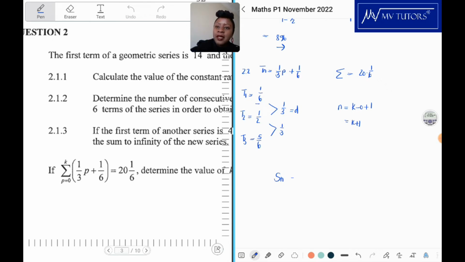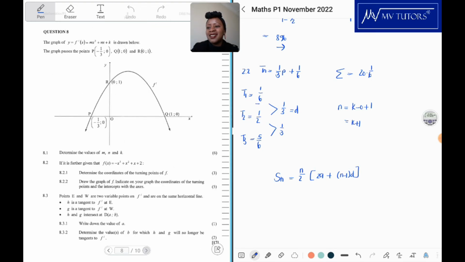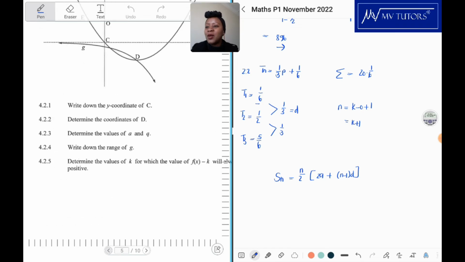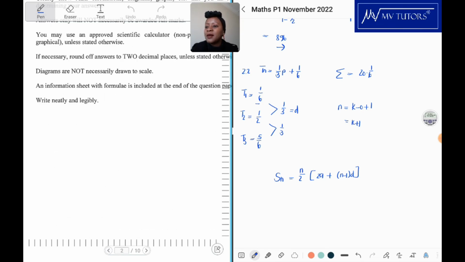So the sum formula will be n over 2 times 2a plus n minus 1 d. Let's just make sure. Yes, it is 2a plus n minus 1 d. We've got to make sure.